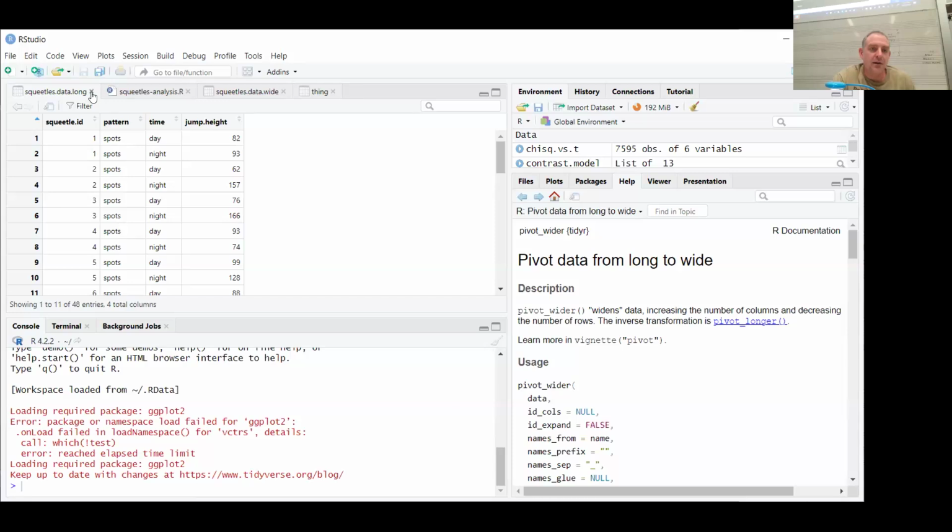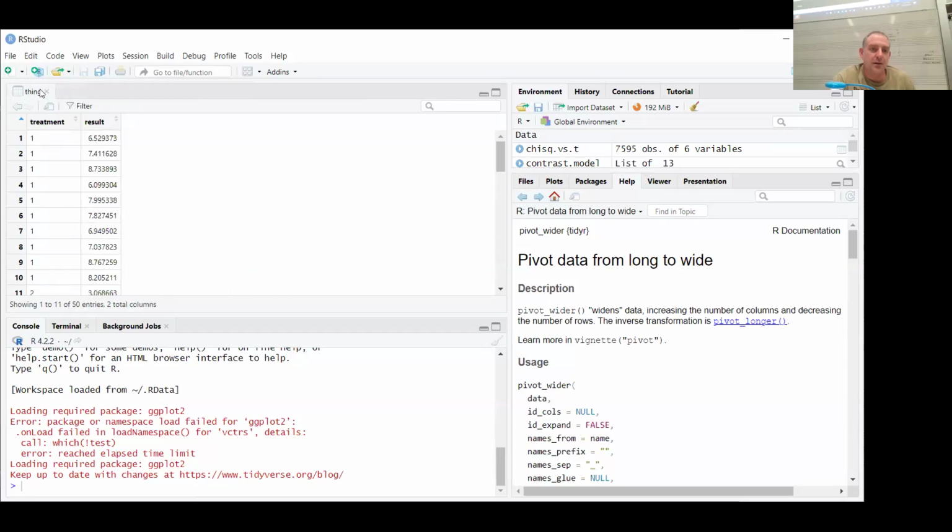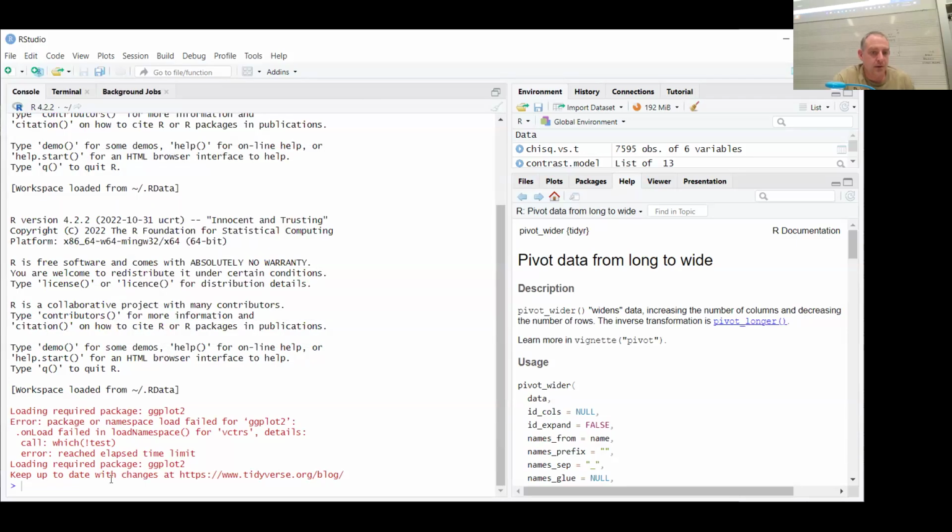I've got all this data that I was using last time I used R. R has failed to load. Oh, no, there it is.